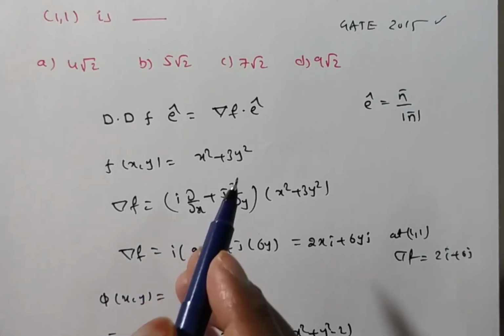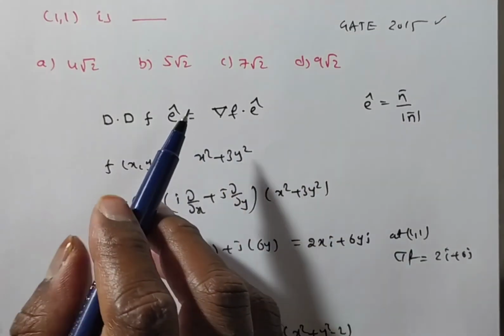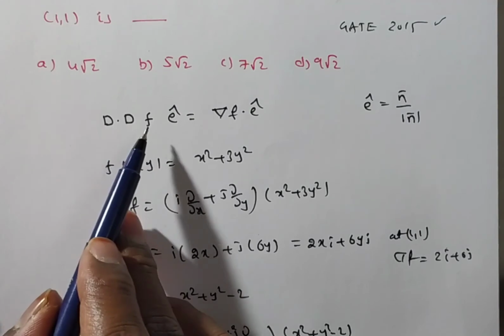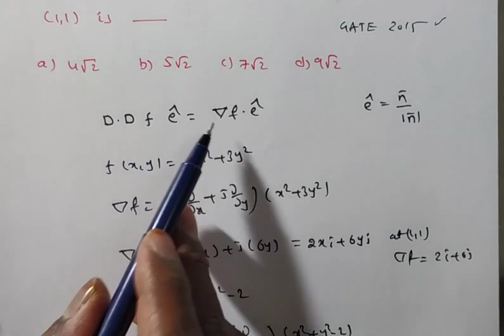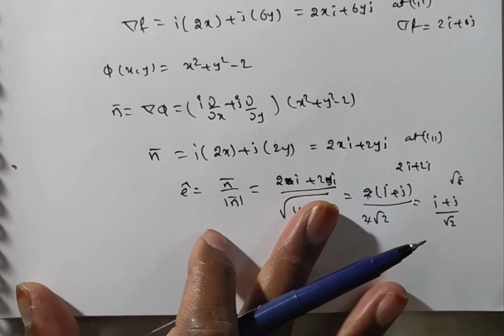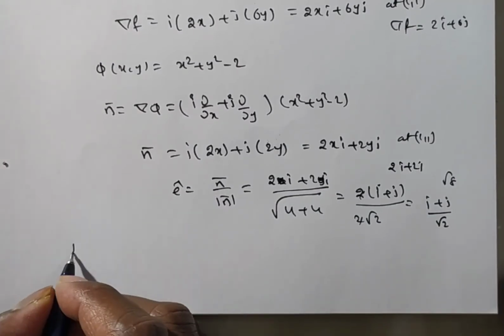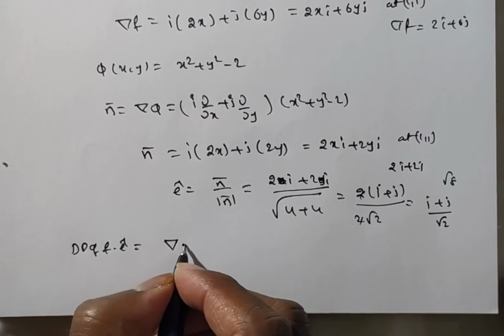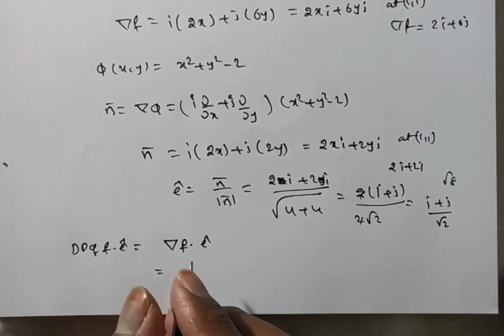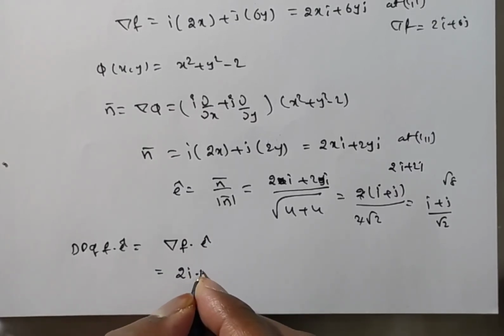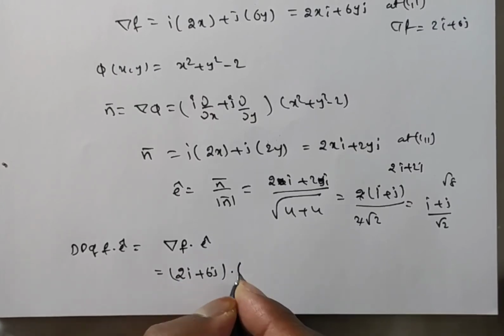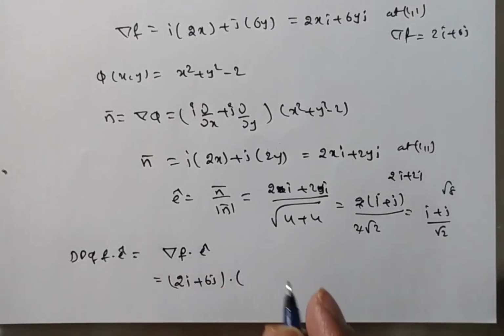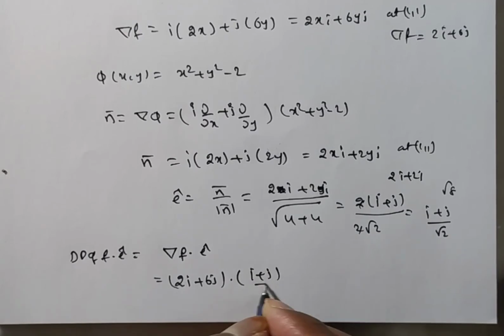Yes, we now have the del f value and the e cap value, so you can find the directional derivative of f in the direction of the unit normal vector. It is del f dot e cap. Del f is 2i plus 6j, dot e cap, which is i plus j by root 2.